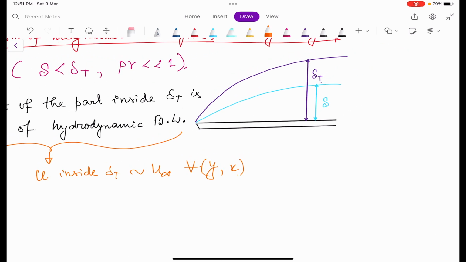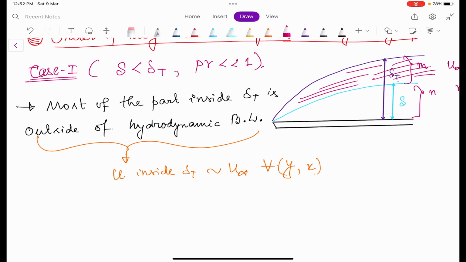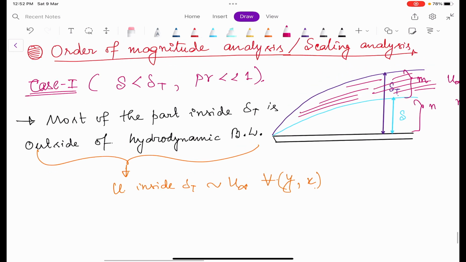That is because I am considering that this part is much greater than this part, although it does not seem like that from the diagram that I have drawn. But if I draw this as m and this is n, I am considering that m is much greater than n, and over all of this part I have the velocity u infinity. So u inside delta t is u infinity, that is my consideration.